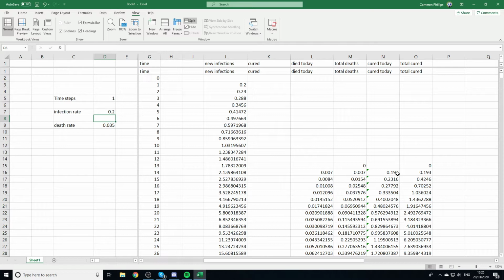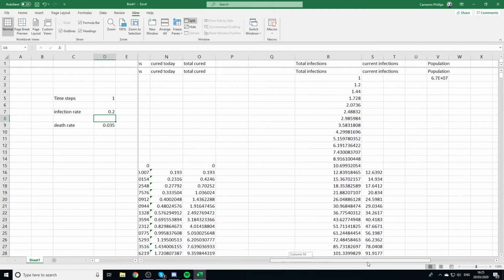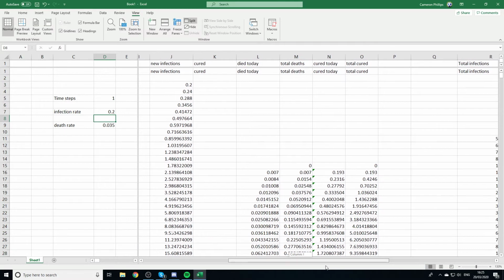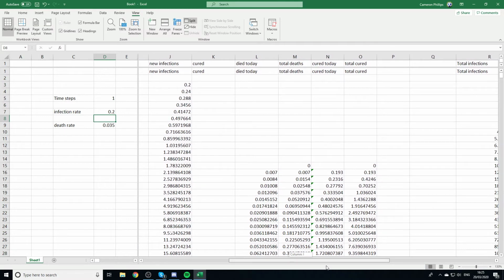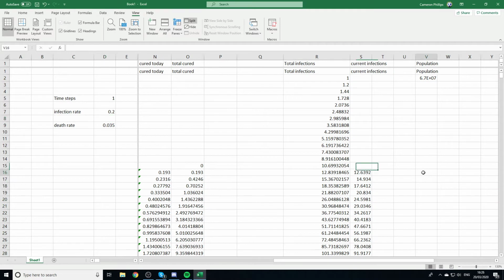Because if half the people have had the disease, if you had an infection rate of 0.2, well, it's gone down to 0.1 because only half of them can get it again. So what we do need to do now is look at our population, and take off how many people have died today. So our population, I'm going to put it here at 67 million.